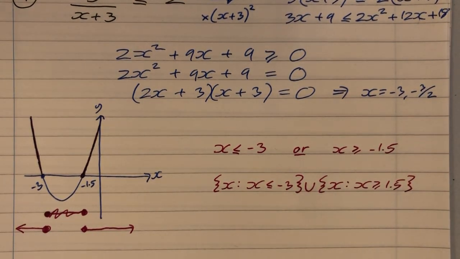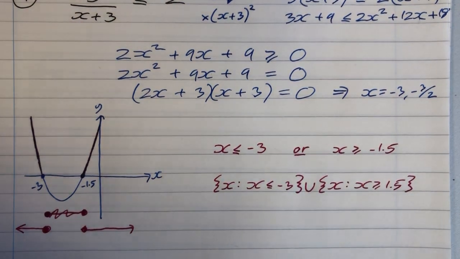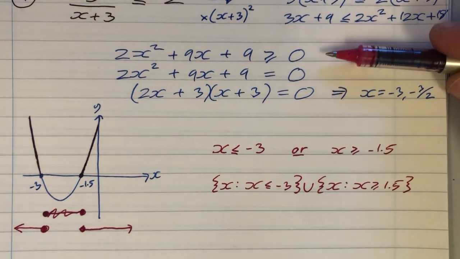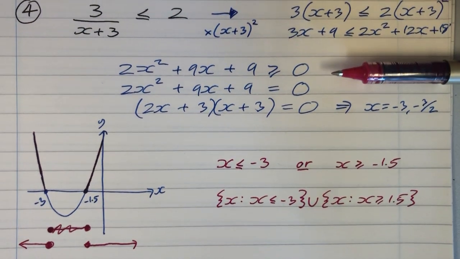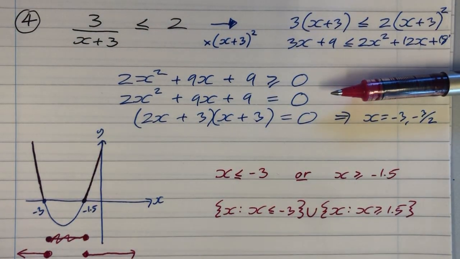There's one final thing that we need to do here, because this is the solution to this inequality. So I'm just going to go back to the top inequality, because there is a very slight issue.